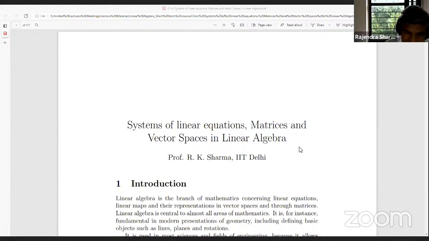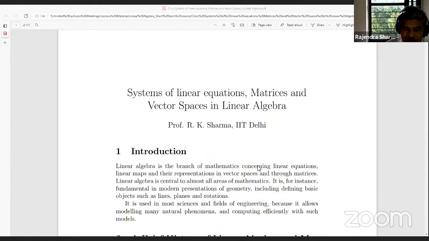So we shall be talking a little about systems of linear equations, matrices, vector spaces, etc. in the context of linear algebra and a bit of applications. Well, linear algebra, as we all know today, is the branch of mathematics concerning linear equations, linear mappings, and their representations in vector spaces through matrices, and is a central theme to almost all areas of mathematics.